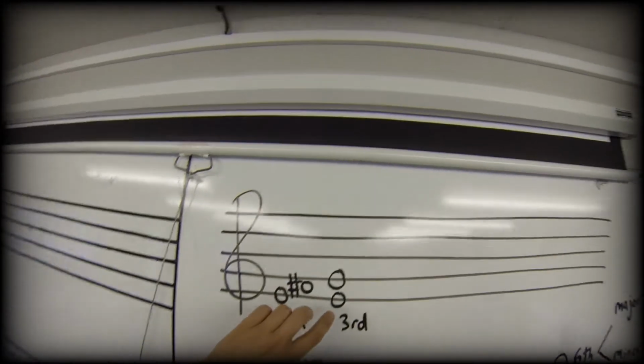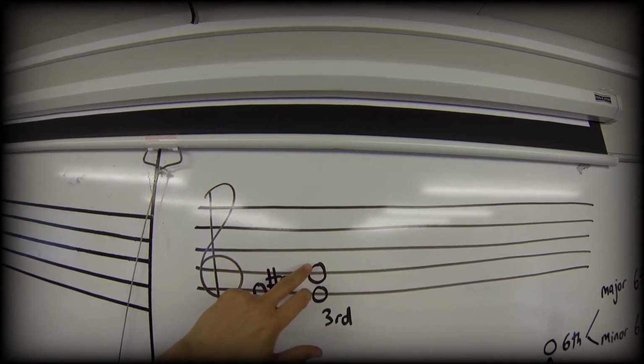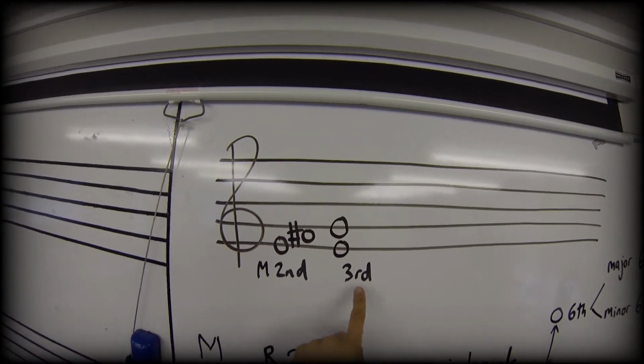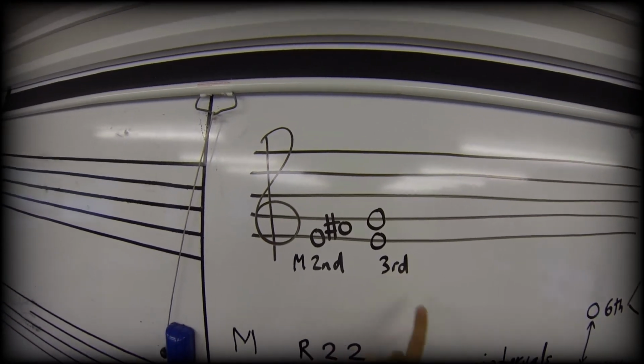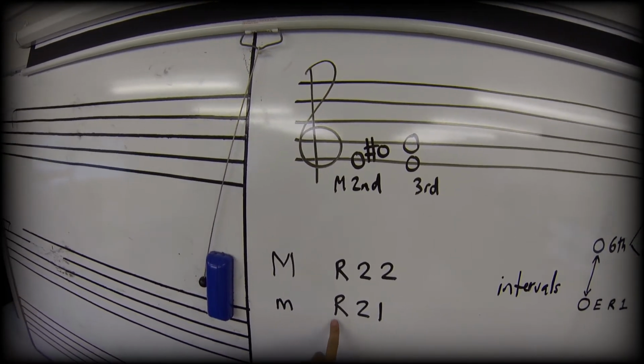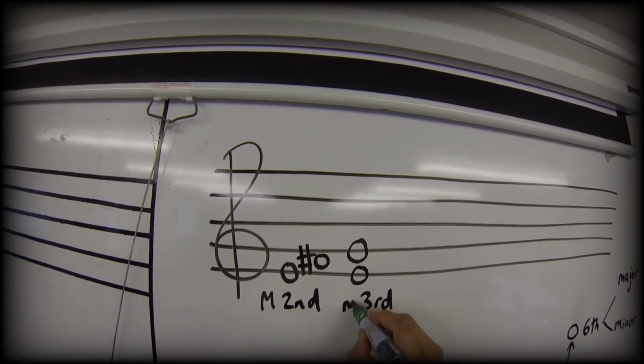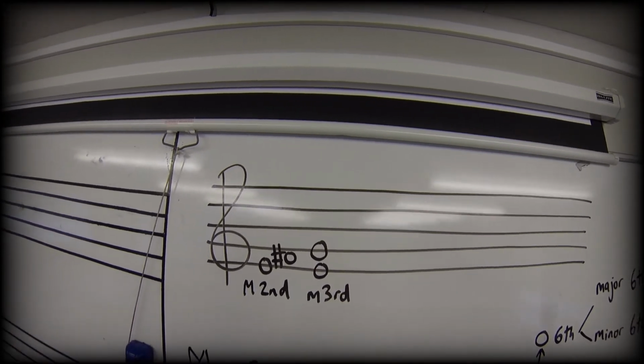So I'll just reset my E here. If I hear the notes la, la, I count them as 1, 2, 3, so that's a third. I used the minor pattern, root, 2, 1. So that is a minor third that I've made.